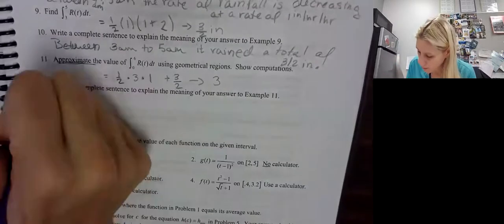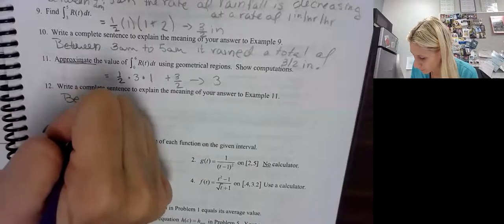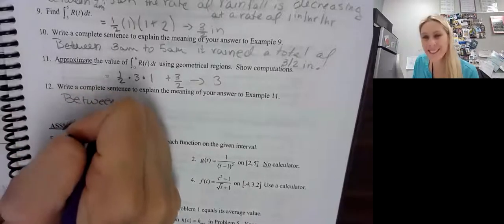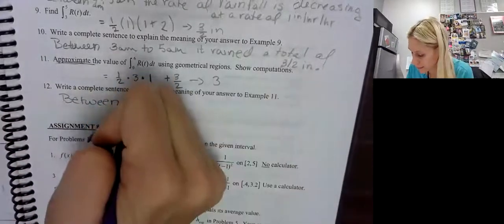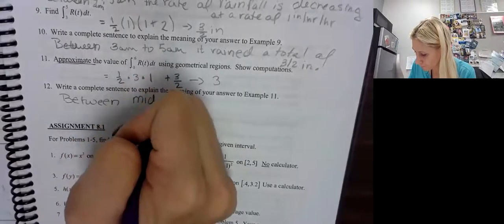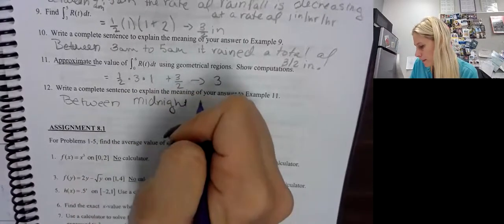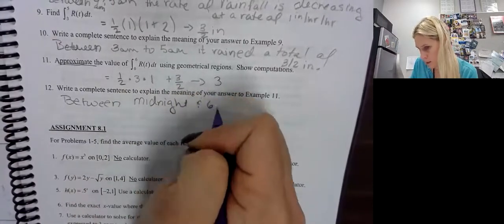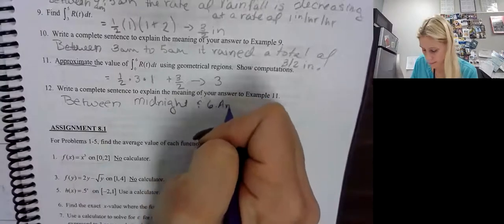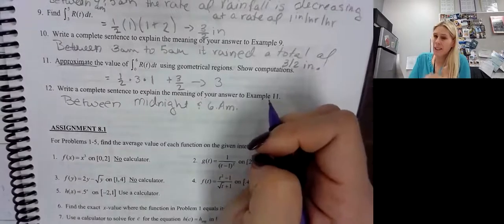Now we're going to write a complete sentence to explain the meaning of number 11. Okay, so here we would say between, not as much as you want to put 0 down. What does 0 represent? 0 represents midnight, right? Between midnight and 6 a.m. approximately, not the exact total.